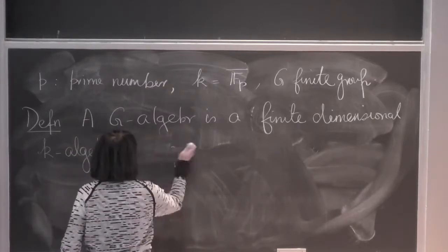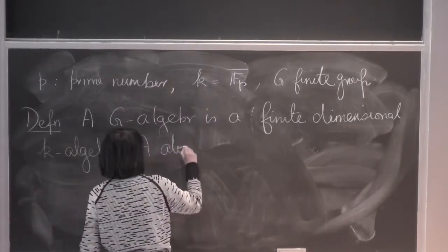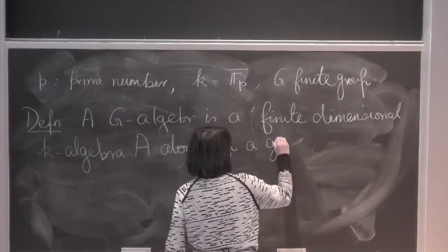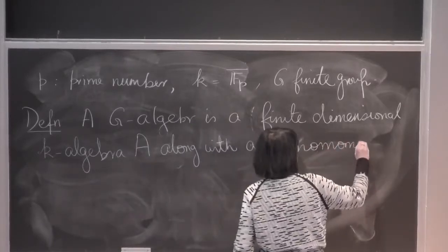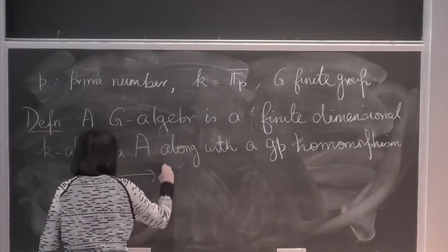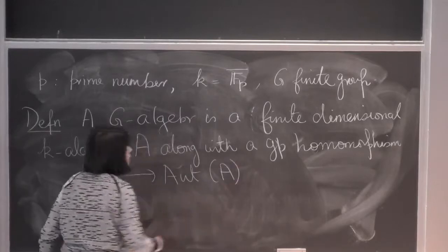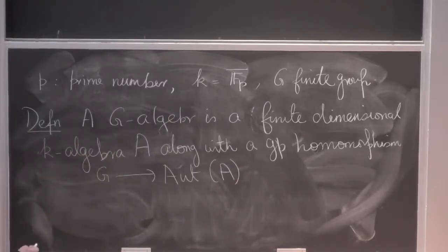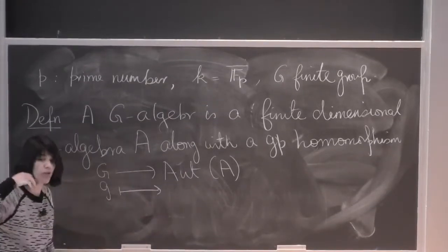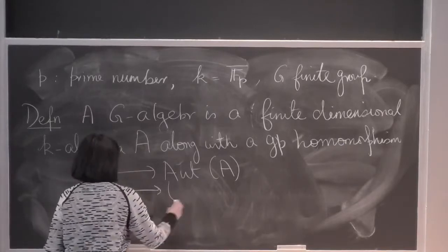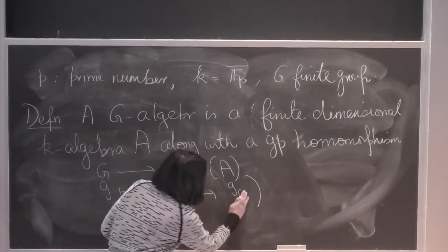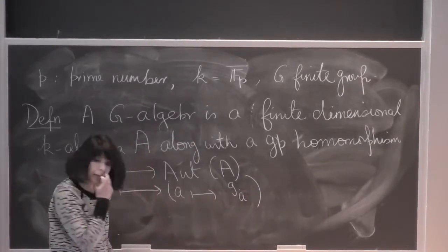A finite dimensional k-algebra A, along with an action, in other words, with a group homomorphism from G into the algebra automorphisms of A. And I'm just going to write this as, because we want to think conjugation, g goes to the automorphism which sends an element a to {}^g a.